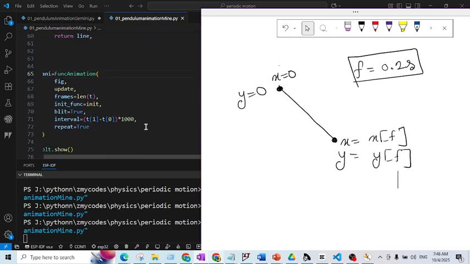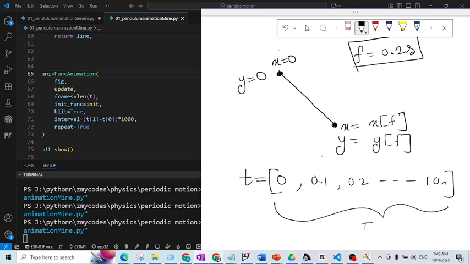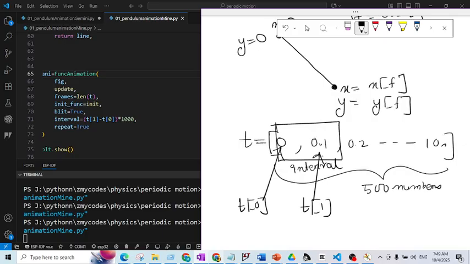Then what is interval? I know that in time I have 0, then 0.1, 0.2 up to 10 seconds, right? And I have 500 numbers here. So what is interval? Interval is the difference between these two numbers, t0 and t1.